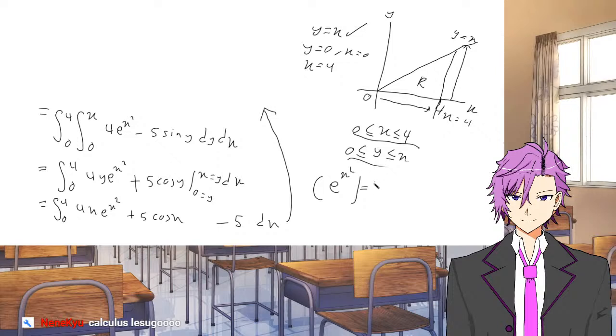Antiderivative would be 1 over 2x squared, if I remember correctly. Or maybe we'll take the example here, evaluating the integral 2 e to the power of x squared.